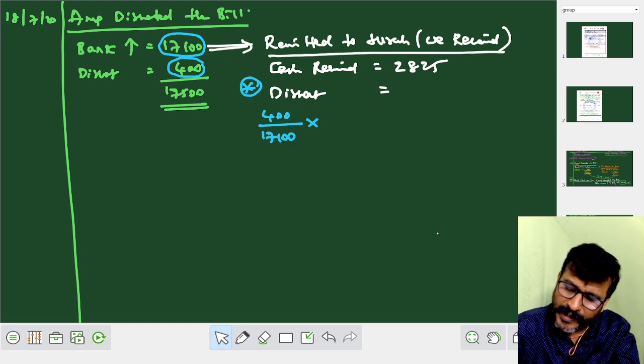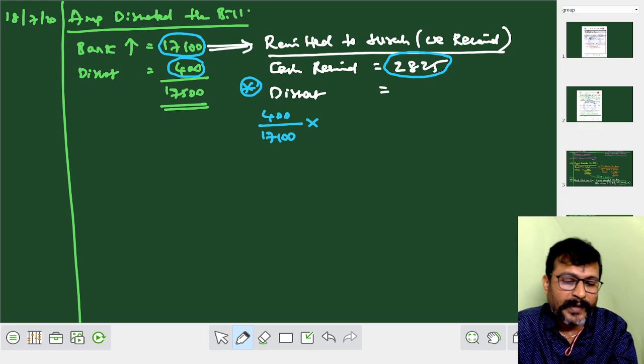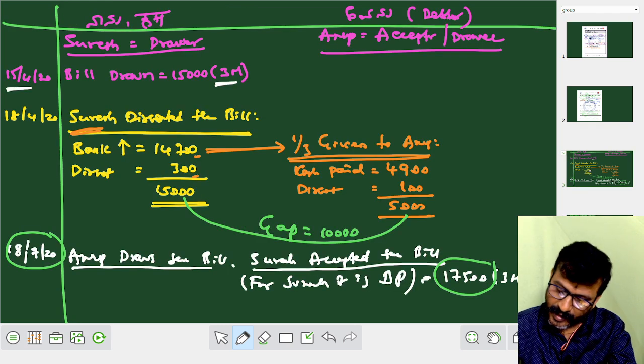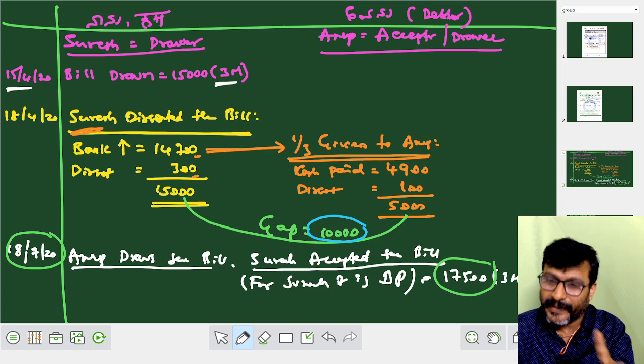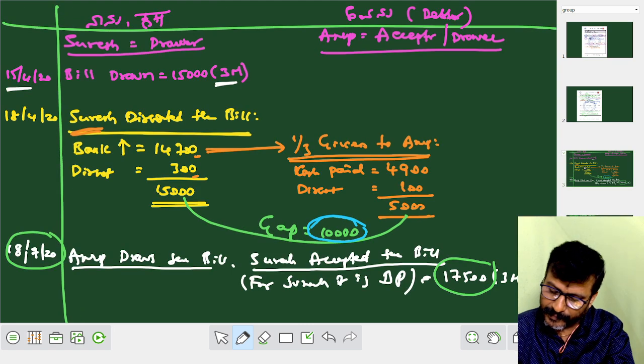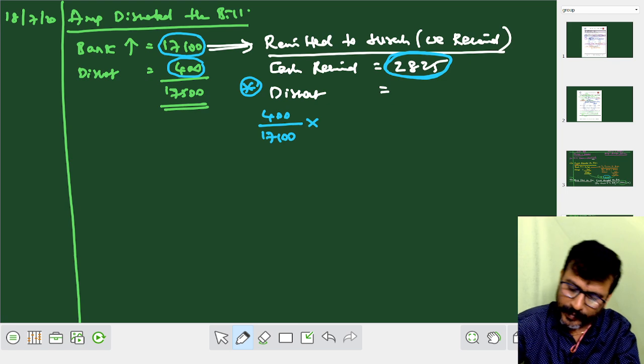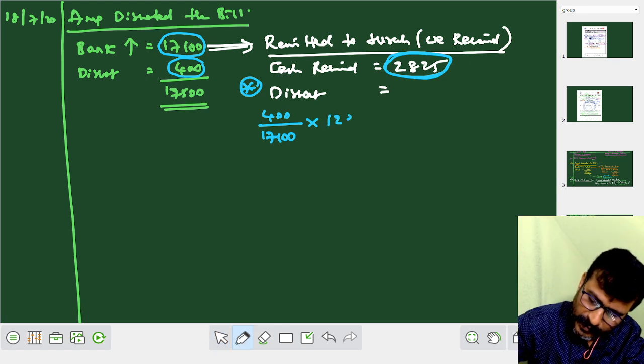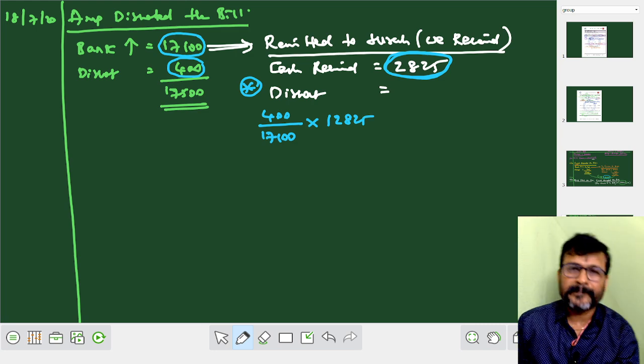Now how much cash is received by this Suresh? 2,825. Fine. Go back to the previous page. What is the gap? 10,000. Please remember, you take this 2,825 plus gap 10,000. Put together, how much? 12,825.